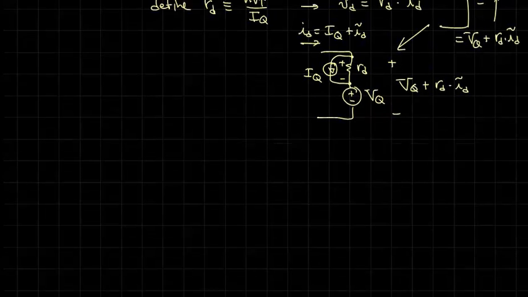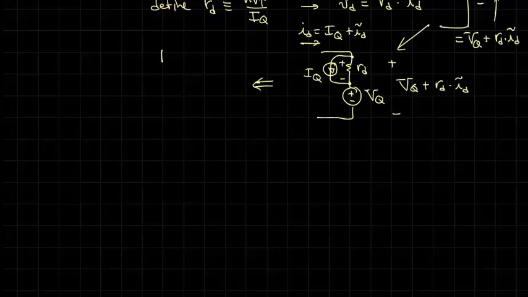We can redraw this as a Thevenin equivalent. What is the open circuit voltage on here? The open circuit voltage is VQ plus the voltage across the little RD, and that voltage is minus IQ RD. So we have VQ minus little RD times IQ. And then our Thevenin resistance is just RD.